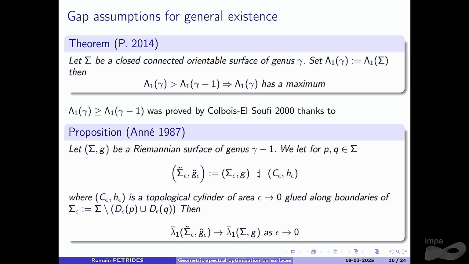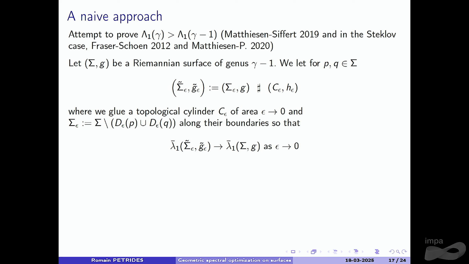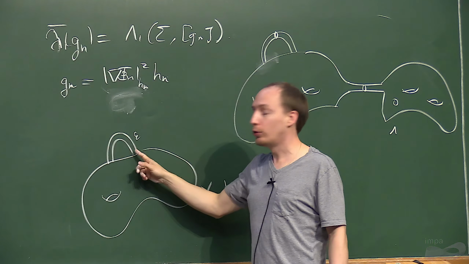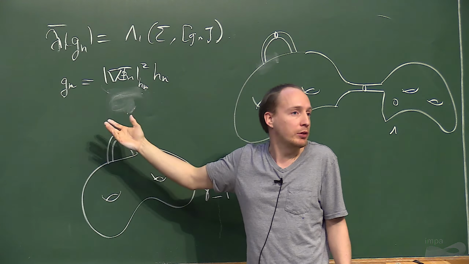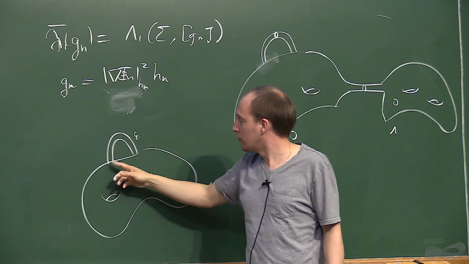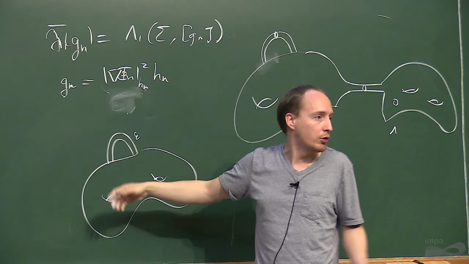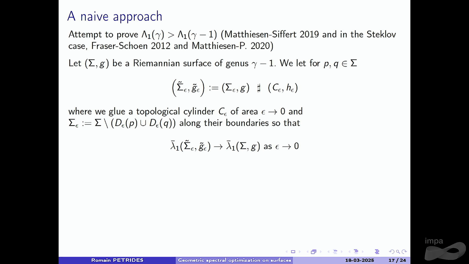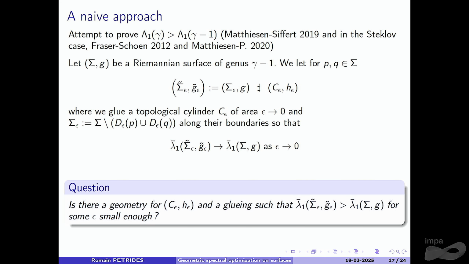So the first idea, it was the next slide, the first idea is to take a kind of sequence like this, and you have parameters that you can adjust. You can glue a cylinder which has specific geometry, the one you want, and you can glue it on the point you want, and so on. So you have choices, and the question could be, what is the choice of the handle you glue here in order to have that, as epsilon goes to 0, this convergence is by this strict inequality.